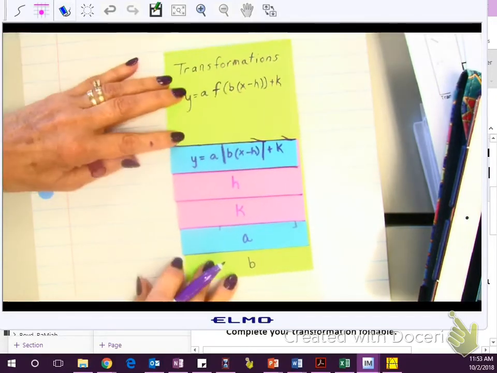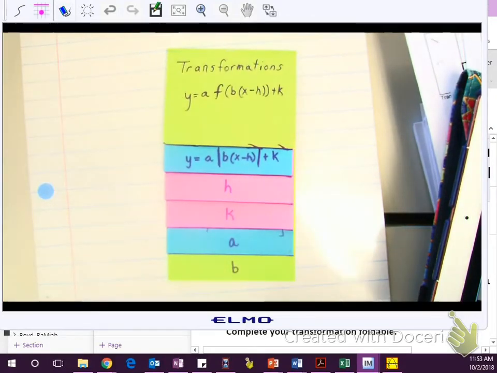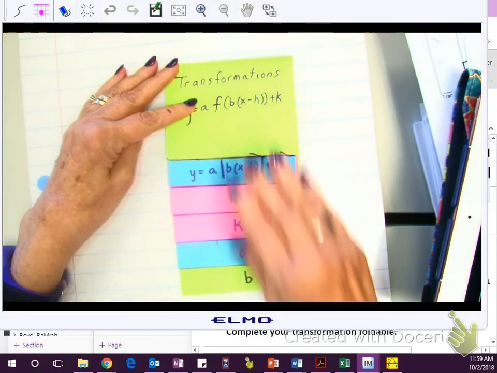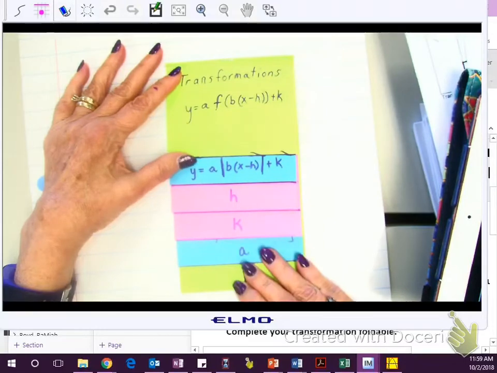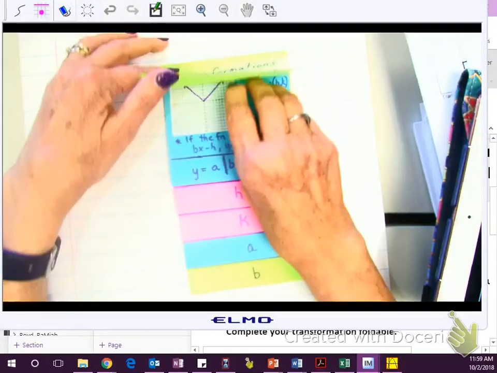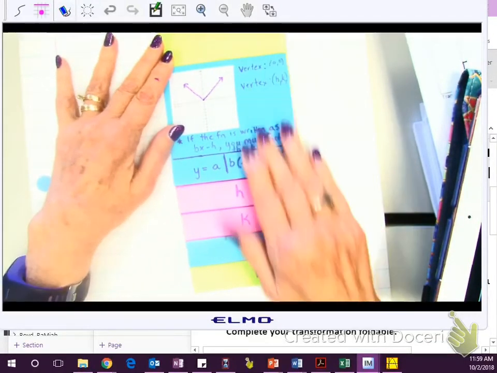And then copy all of these labels onto the flaps.